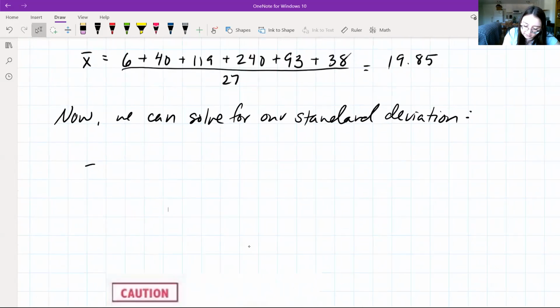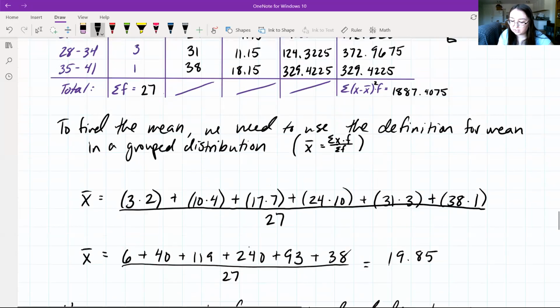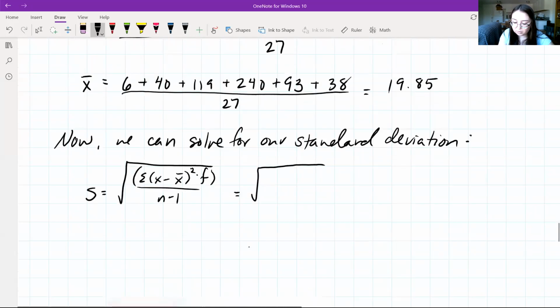We know our standard deviation is going to be S is equal to the square root of the sum of (x minus x bar) squared times f divided by n minus 1. We determined in this problem that n was equal to 27. That was the sum of our frequencies. We know what our numerator is because we solved for it here. So we can write in our numerator.